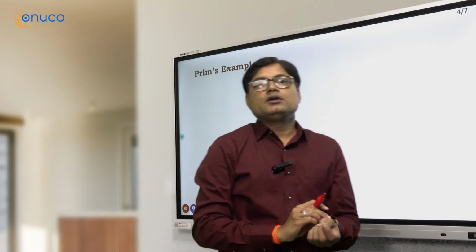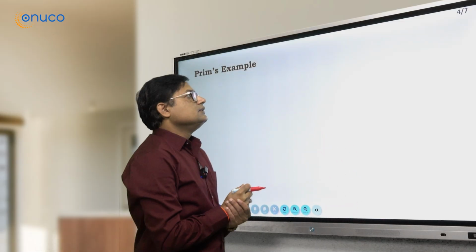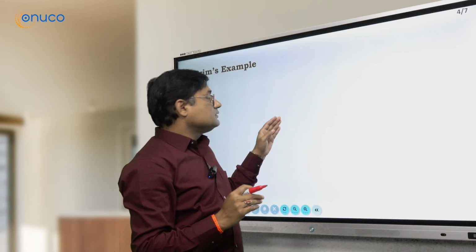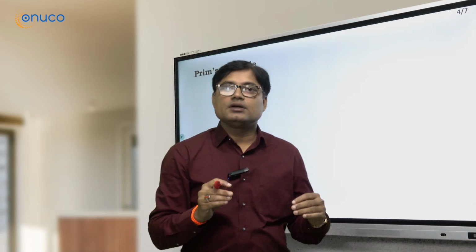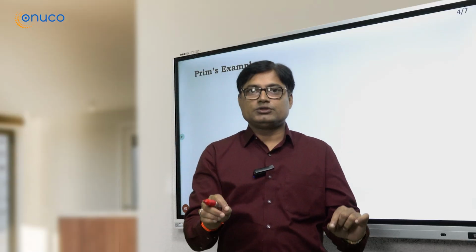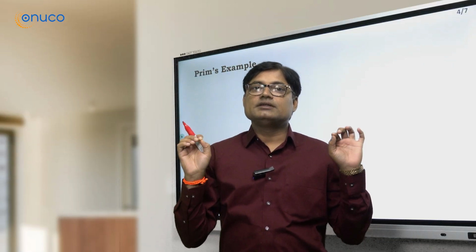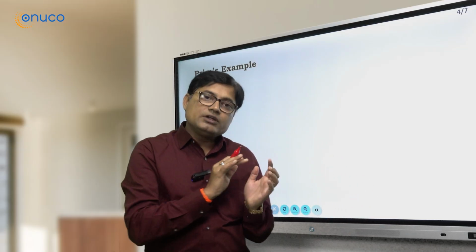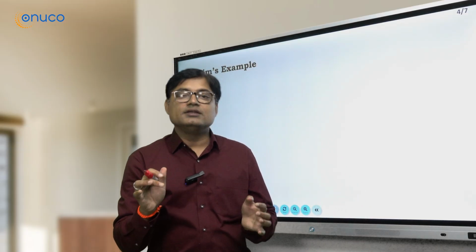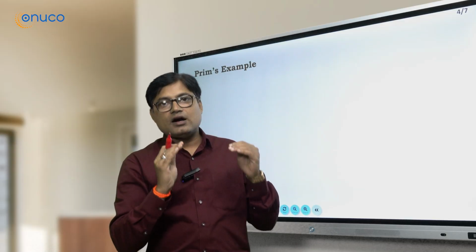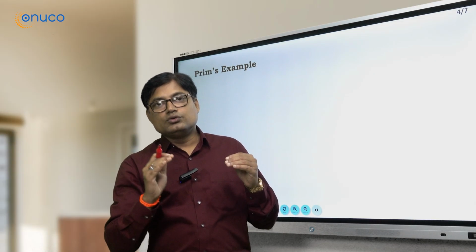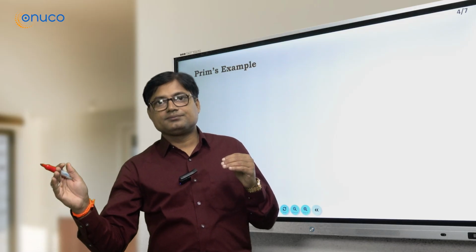Now let us see Prim's example, right? And we must understand that in this particular case, Prim's algorithm and Kruskal's algorithm, we are giving a graph as an input to the program. And remember that we cannot give the graph itself as an input. Hence, we are changing this graph form to an adjacency matrix.